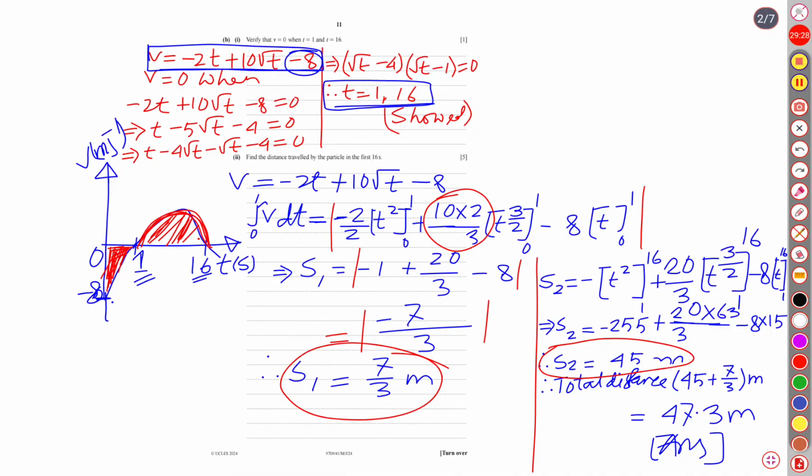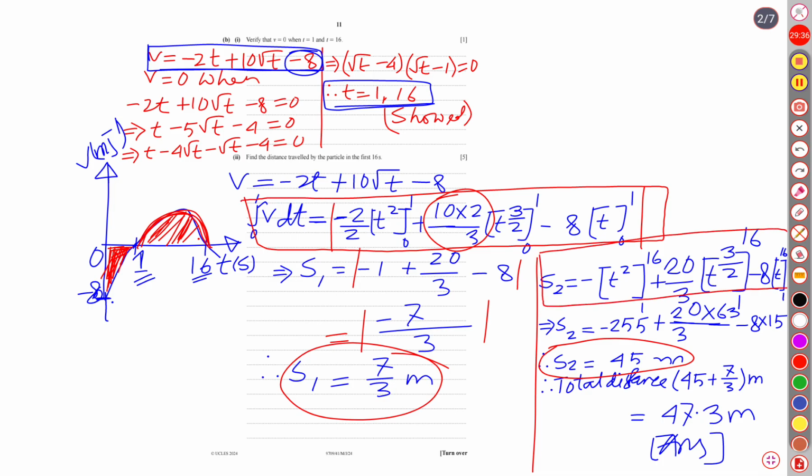Yes, this is our integrated part. The same integration has been used over here, so you should not get confused. Where did we get this expression? It is actually from the first one. After that, we have just substituted the values as per the limit. So finally, we got the total distance traveled is 47.3 meters.